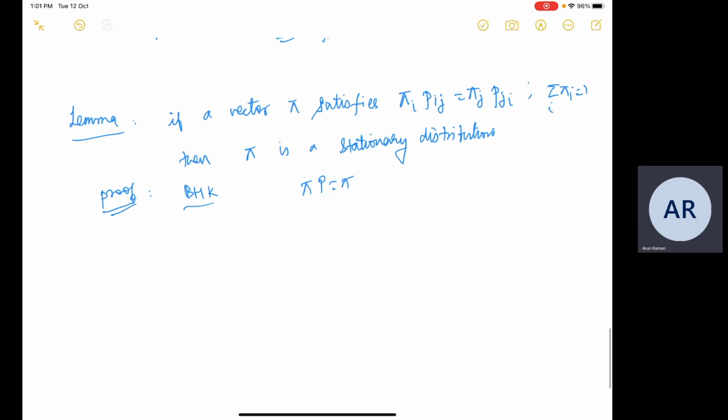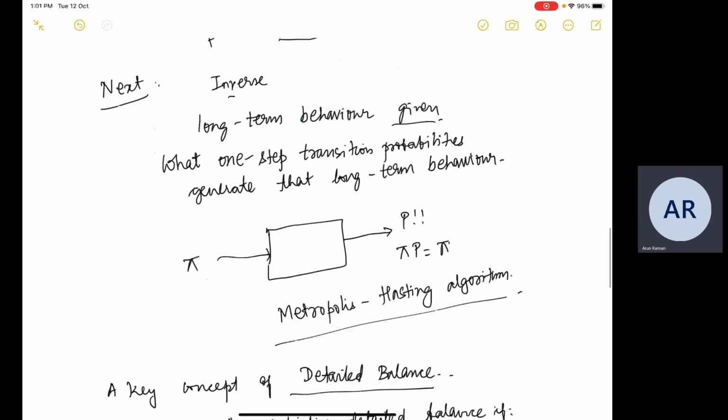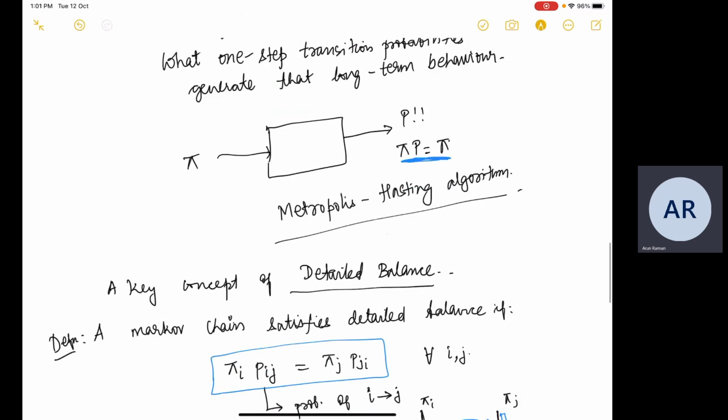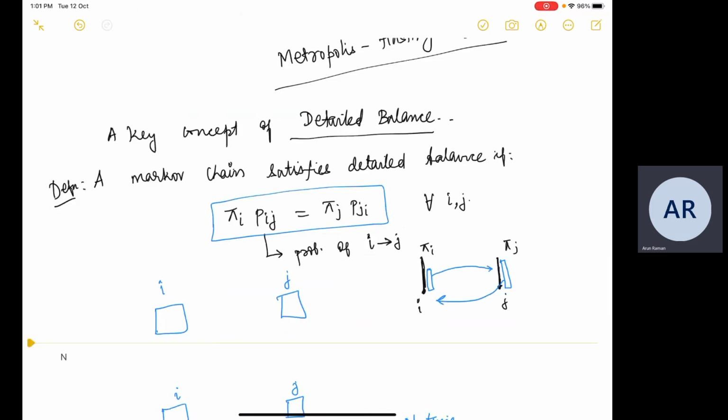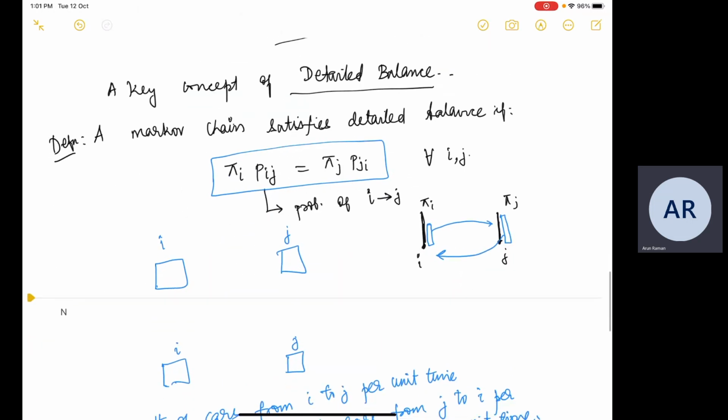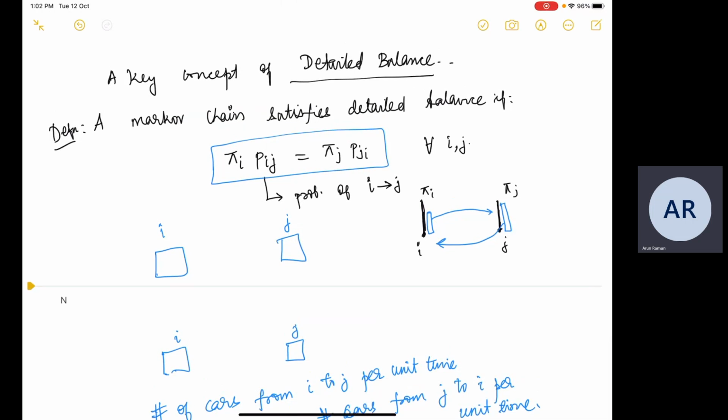The objective here is that we have been given a long-term behavior and we want to generate one-step transition probabilities. The only relation we had between these two until now was pi p equal to pi. The detailed balance gives us another relation: if the detailed balance is true for some pi, then pi is a stationary distribution. The proof does not say it is an if and only if condition.